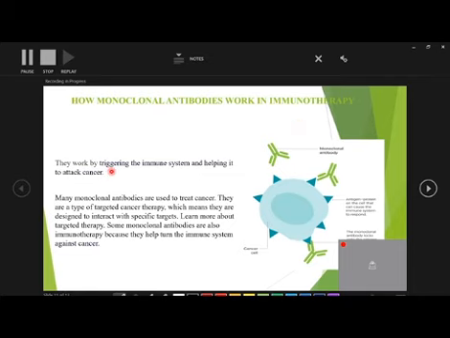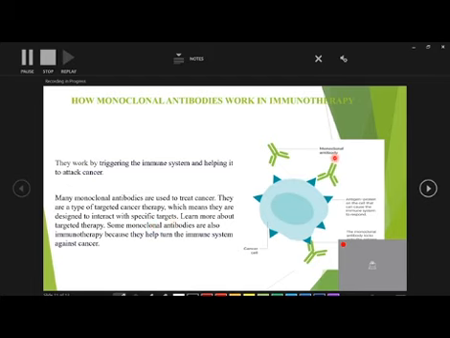These immunotherapies work by triggering the immune system, helping it to attack the cancer. Mainly they are used in the treatment of cancer. Monoclonal antibodies are a type of targeted cancer therapy, which means they are designed to interact with specific targets.